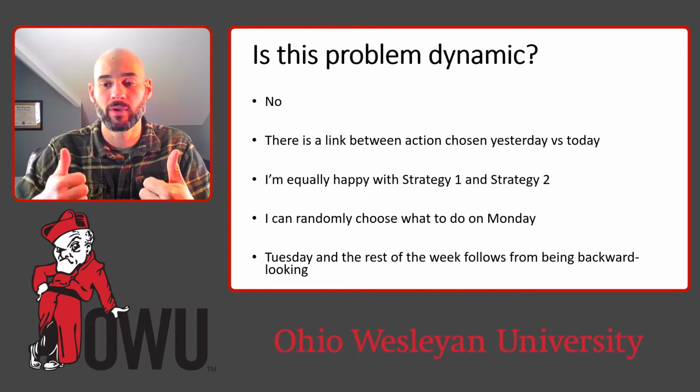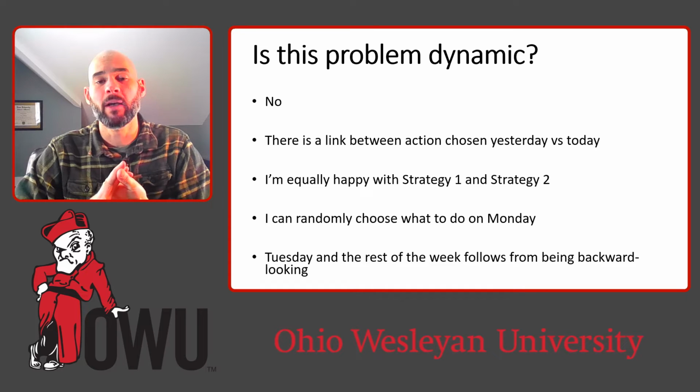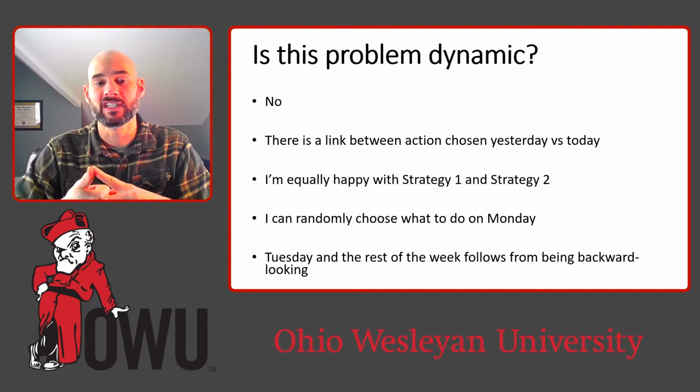And so we need both of those components for it to be dynamic. There needs to be a systematic link between decisions which are made across time, as well as forward looking decisions being made by the economic agent.